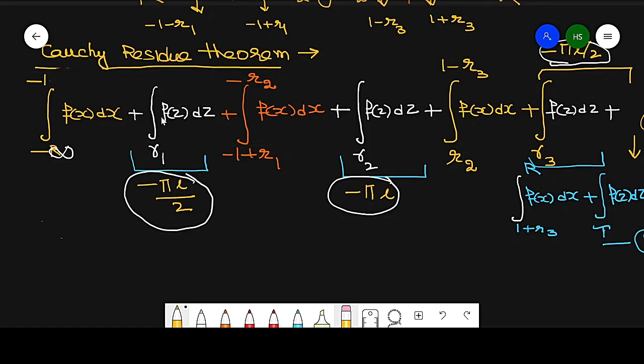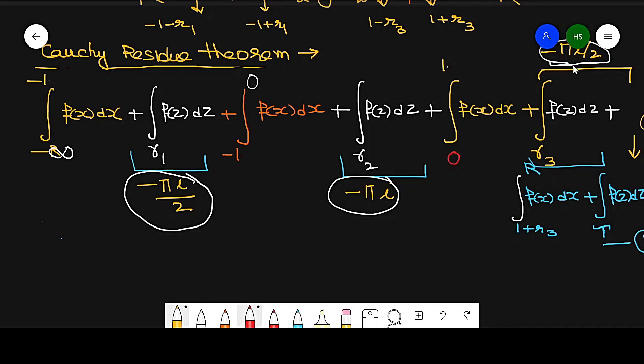This value is minus 0. This value is minus 1 and this value is 0, so this value is 0. Again this value is 0 and this value is 1, so this value is 1.